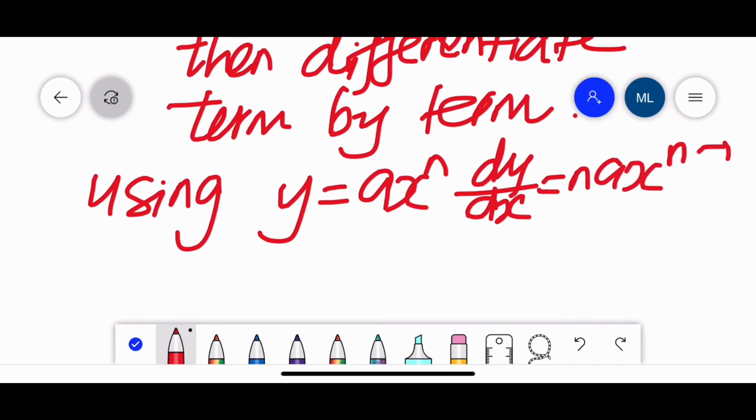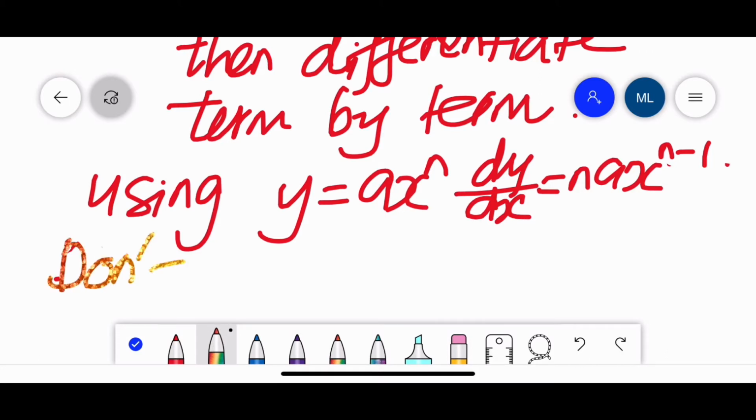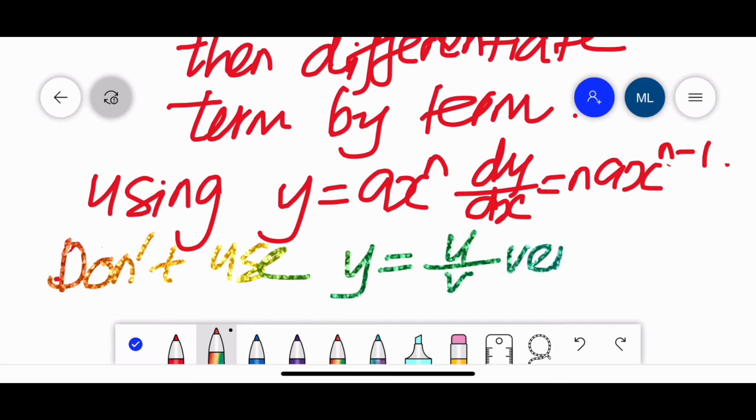So 3 times 2x, then 3 minus 1, so x squared. So you write 3 times 2x power 2. So for differentiate, d always means going down, like decrease, descending. So you remember the word d, the things will go down, so the power will go down one step.